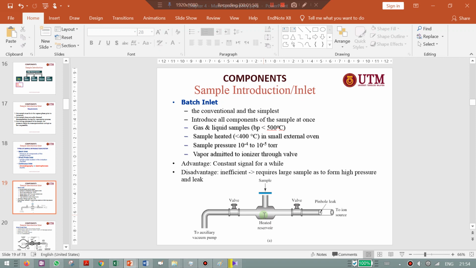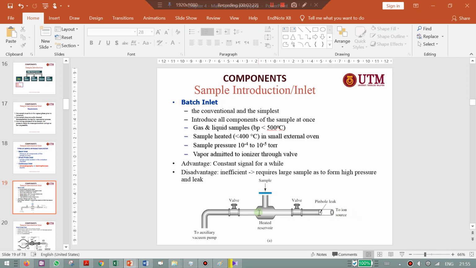For example, one boiling point is at 100, the second one is 150, the third one is at 300. Say you elevate to 150 degrees Celsius, then the sample that boils at 150 degrees Celsius will turn into vapor, then it will leak through the valve at the pinhole leak and go right to the ion source.